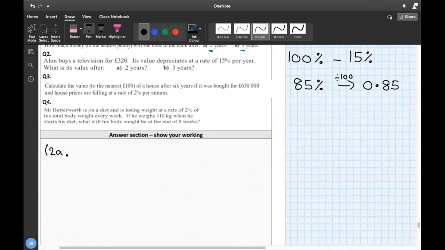We're going to start with our original amount. Actually, I'll do this one in blue again. Just for 2 years. So we've got, I'll put my units in, £320. Our multiplier is 0.85. And part A, we wanted it for 2 years.